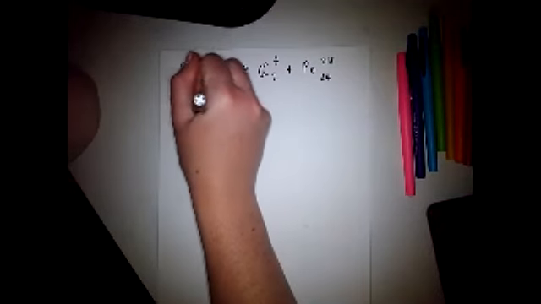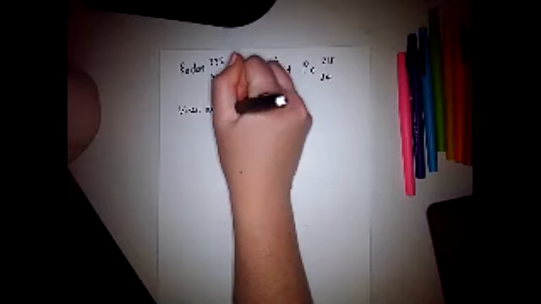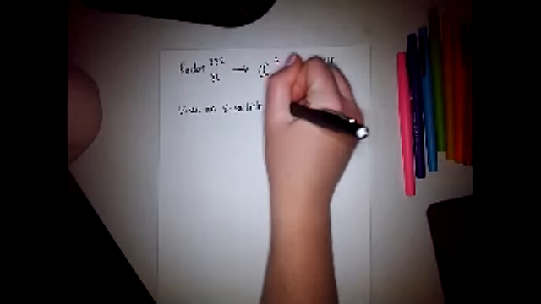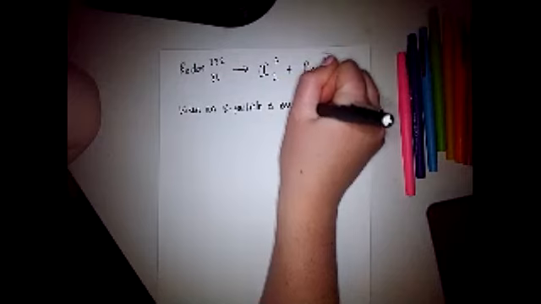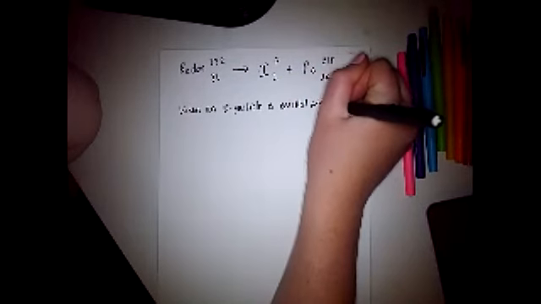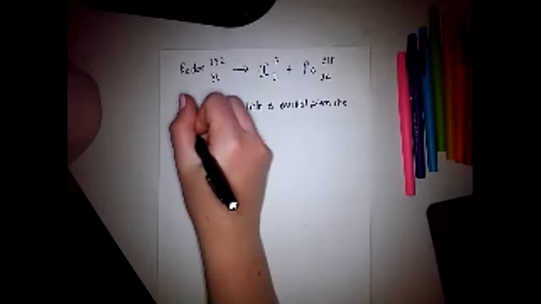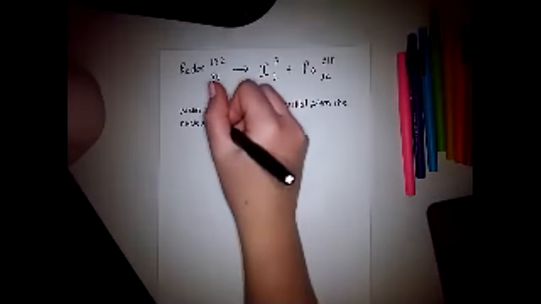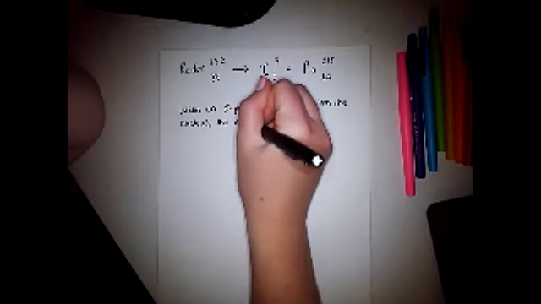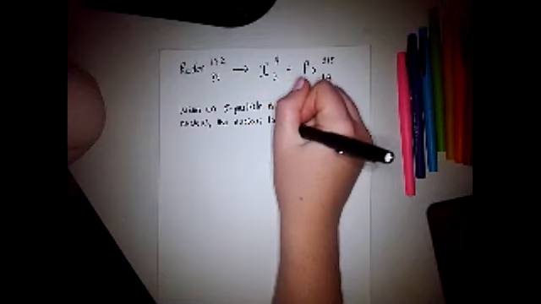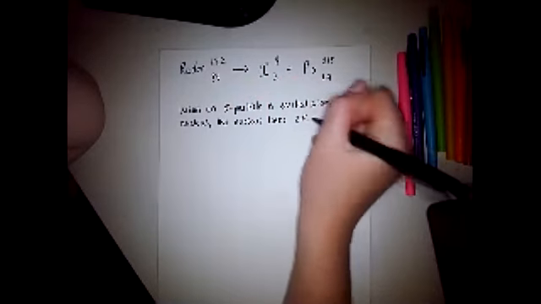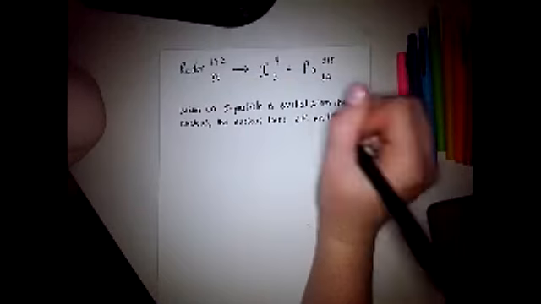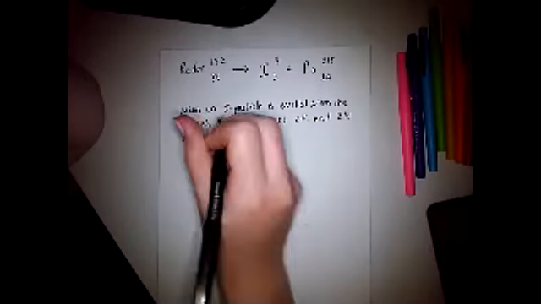So when an alpha particle is emitted from the nucleus, the nucleus loses 2 protons and 2 neutrons.